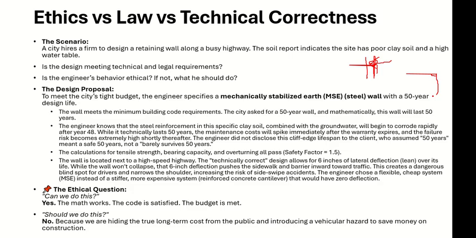You are hiding something from the client. You are not telling the client, if I go with this system within your budget, it will create problems for the drivers, it will have damage in the wall, it will increase your maintenance cost, and so on. You are hiding all these things. So you are fulfilling the law, you are fulfilling your professional duty, but you are not fulfilling your ethical duty.